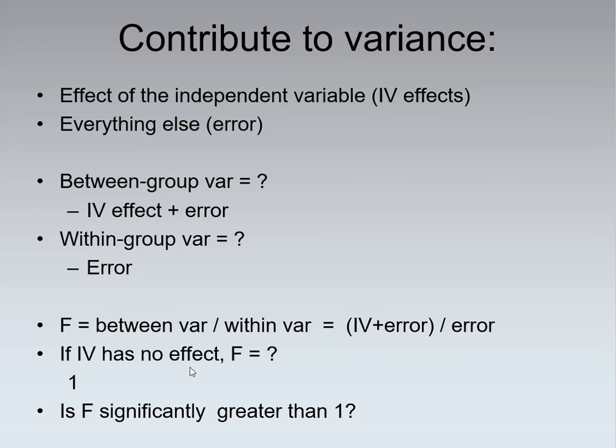And our F is going to become just like our F obtained. Anytime we run an analysis, we usually have an obtained value. In this case, it's going to be called F obtained. So in order to determine if something is significantly greater, we're going to have a critical value. For every obtained, we have a critical. Here too, we have F obtained, and we're going to have F critical.